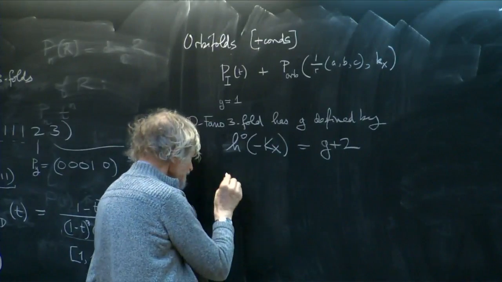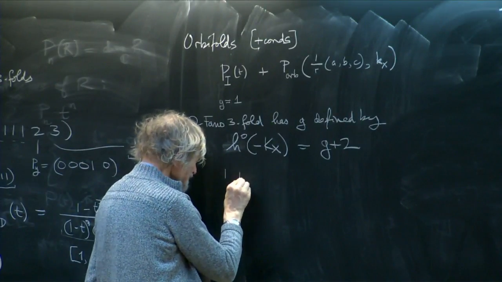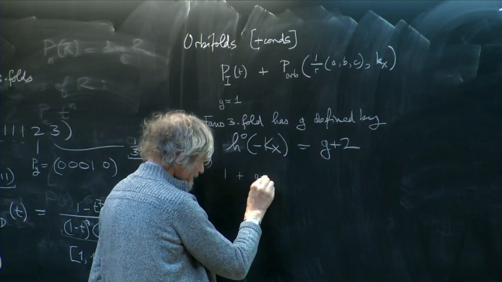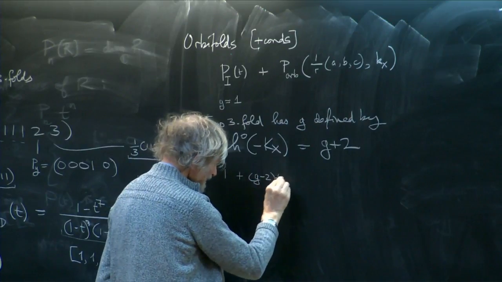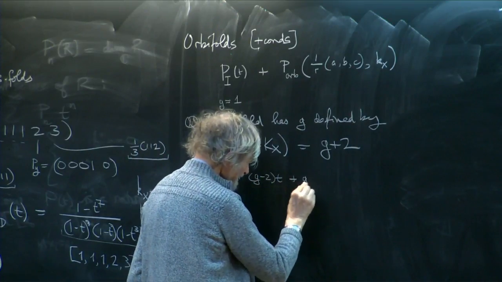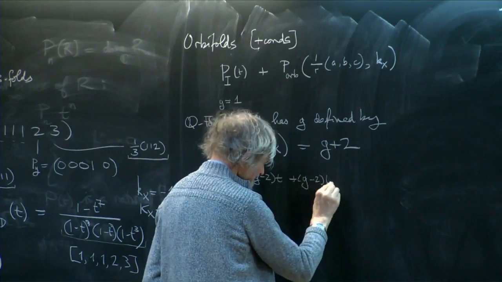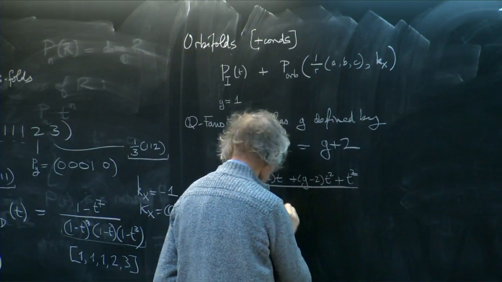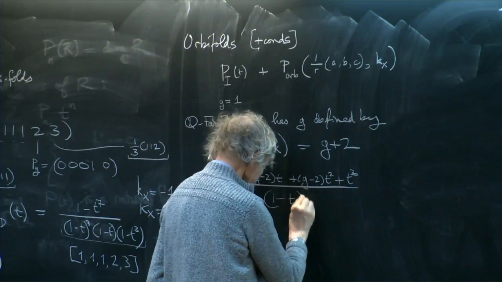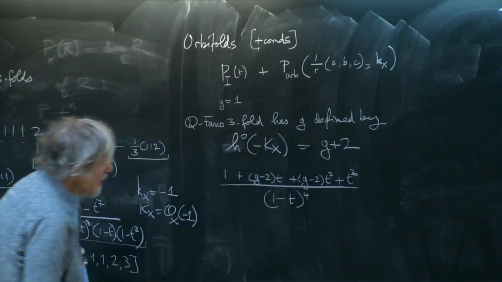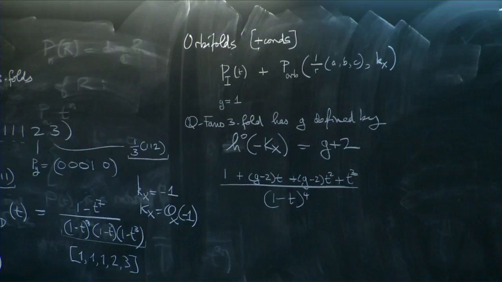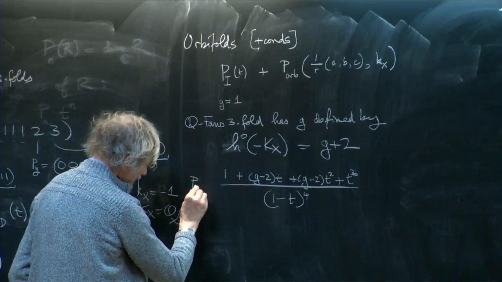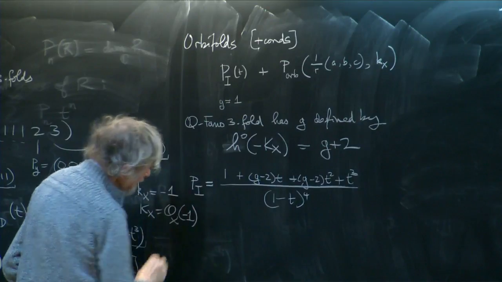And so what I write down is 1 plus (g minus 2)t plus (g minus 2)t squared plus t cubed, divided by 1 minus t to the 4th. This is the Hilbert series.